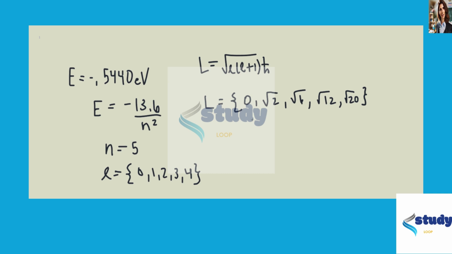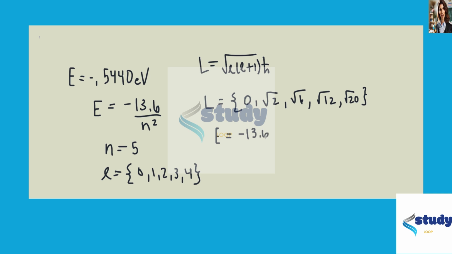The next question asks what wavelength corresponds to the next higher shell. So we want the energy difference between the final and current shell. The final shell would be n plus 1, which is 6.